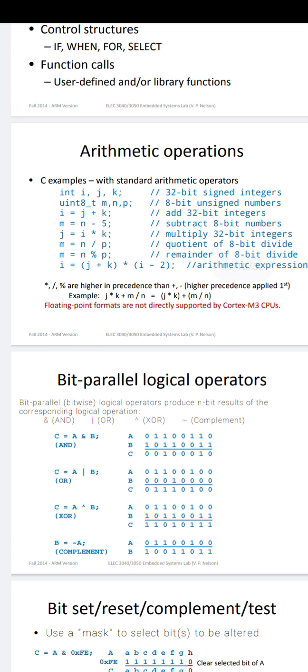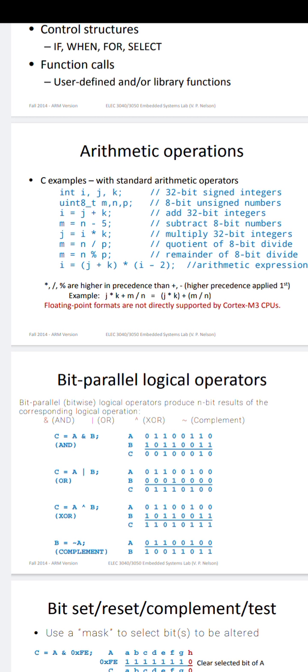For example, first we write the programs with 32-bit signed numbers and unsigned numbers. Integer i, j, k are the signed numbers. uint8_t m, n, p are the 8-bit unsigned numbers. Then the first arithmetic operator is addition: i is equal to j plus k, that means add the 32-bit integers j plus k. m is equal to n minus 5, that is subtract from the 8-bit number n minus 5.